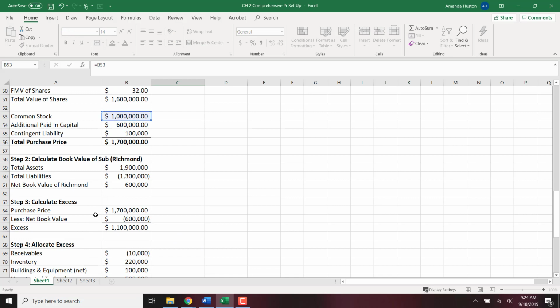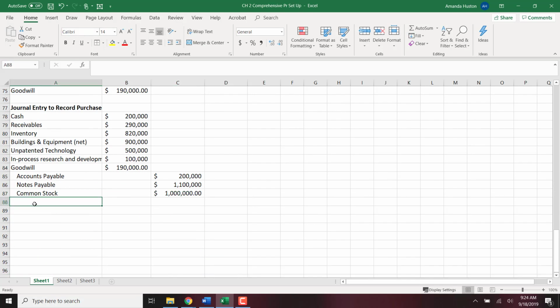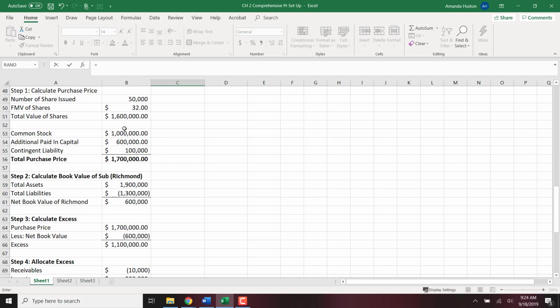Common stock, 1 million. Additional paid in capital, also known as APIC. And so we calculated this in step 1.